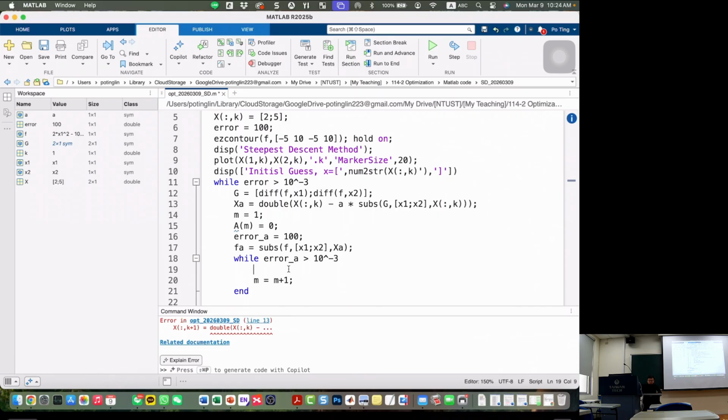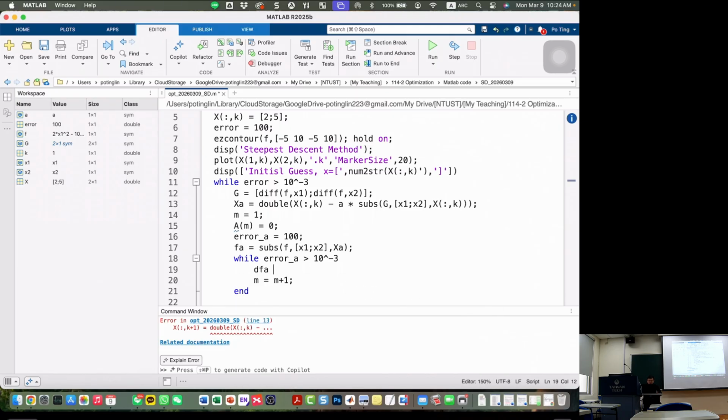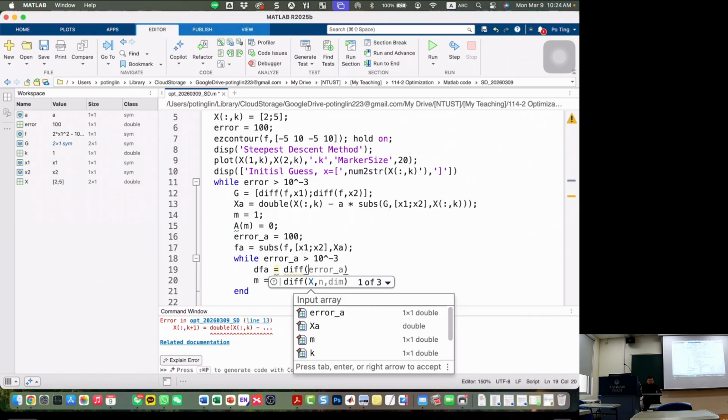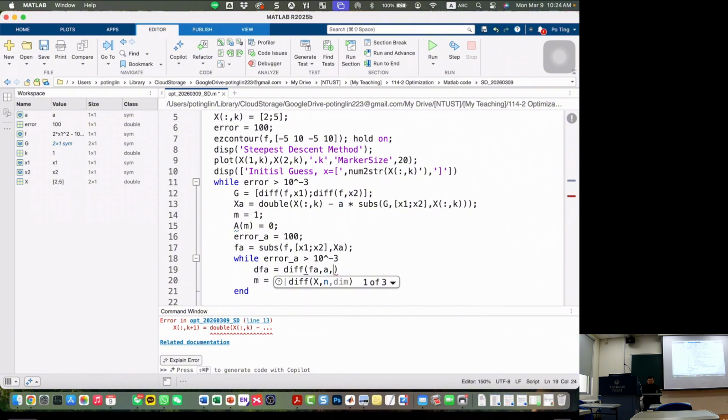So here I need to do the derivative. I'm going to call this dfa, equals the derivative of fa. My variable is a, and I plug in my current capitalized A. So this will be my f prime.